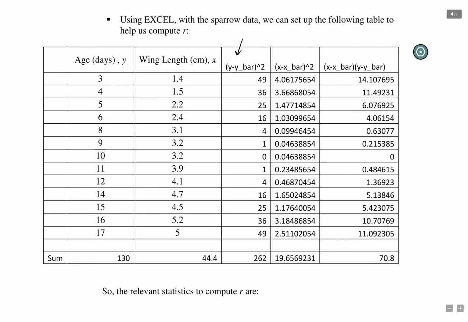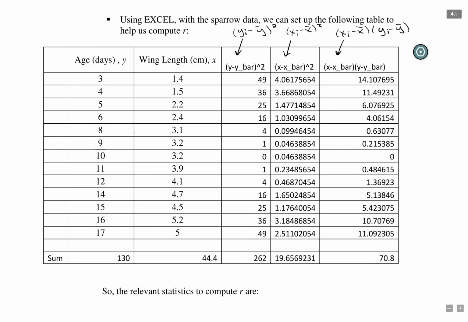So this right here is yi minus y bar squared. This is the square deviation in the x's, xi minus x bar squared. And then this right here is xi minus x bar times yi minus y bar. So you could do these computations by hand to verify these results.